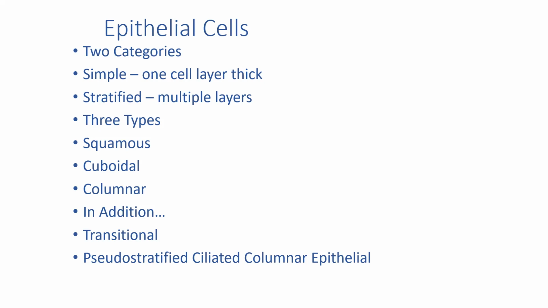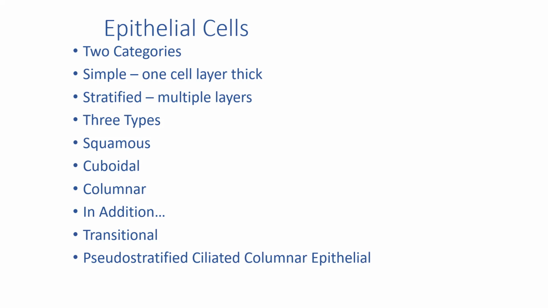So where we want to have movement of nutrients, for example, or movement of oxygen, we have 1 layer. Our kidneys have tubules made of simple layers of epithelial cells for movement of water when they filter out our blood.